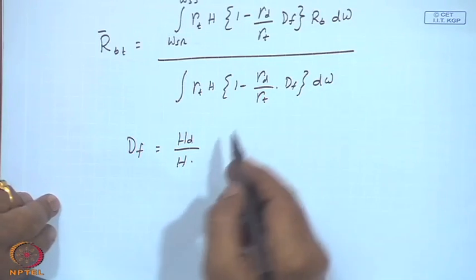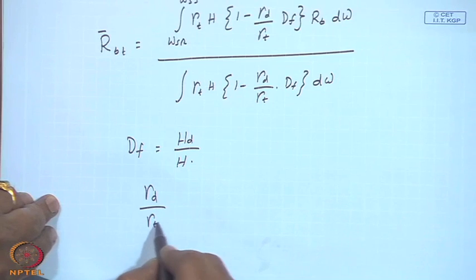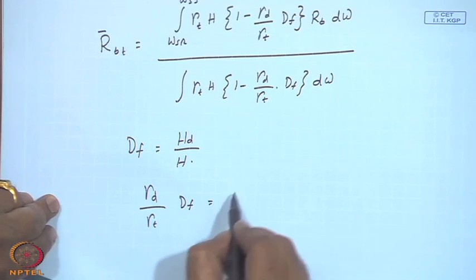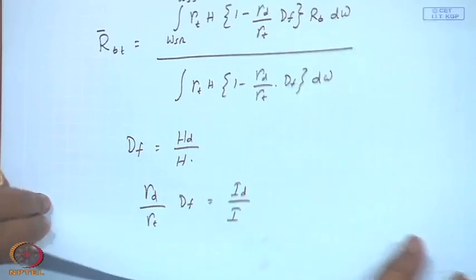Okay. So, r_d by r_t into df is nothing but I_d by I. Okay.